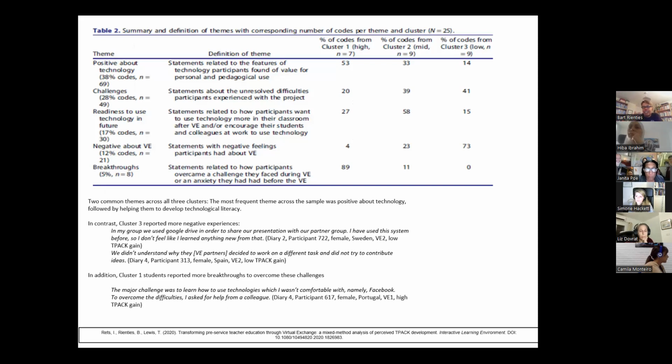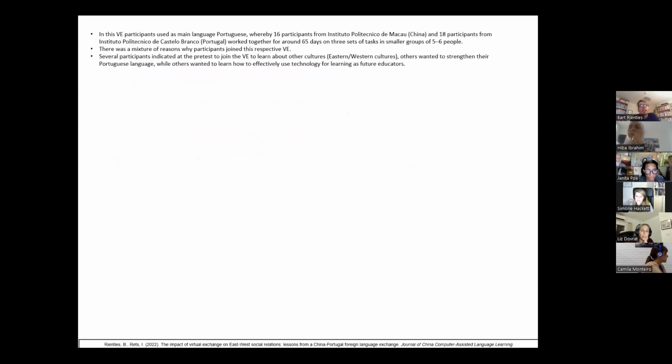I hope you see basically that there is a story developing, that increasingly we're doing more sophisticated stuff in terms of our analysis of all this data. And in the third study that I'm hopefully trying to share with you today, we were really interested in another group that used the same primary language, in this case, Portuguese. So we selected one group from Macau, and Macau is technically part of China.